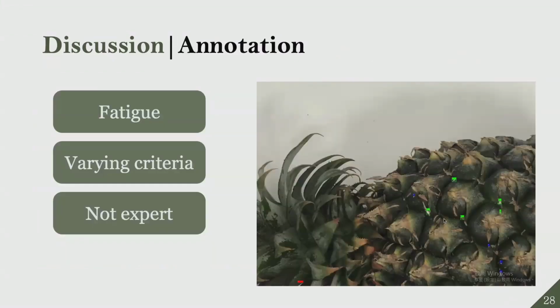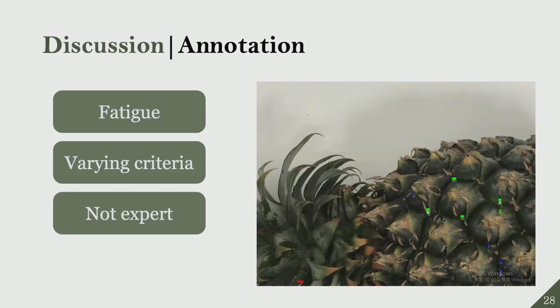This is the most important discussion in this research. We have a group of annotators, and we created a group with experts to discuss ambiguous cases. However, we are not experts, so when we annotate the data set, we might be misled by our own judgment.